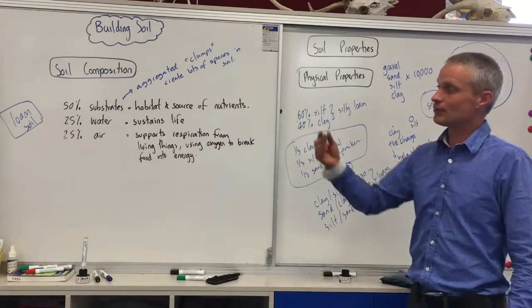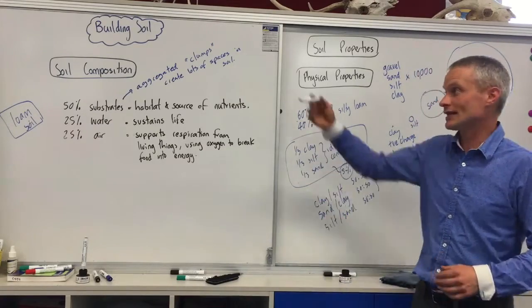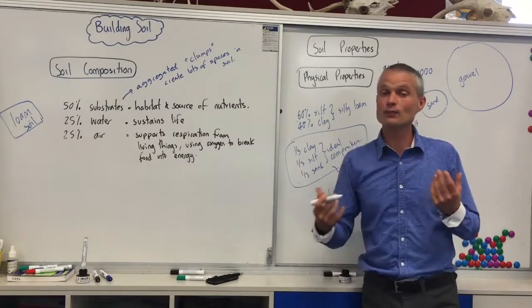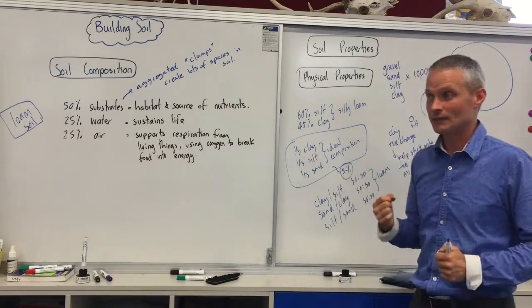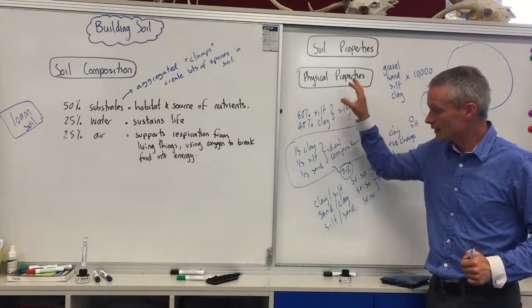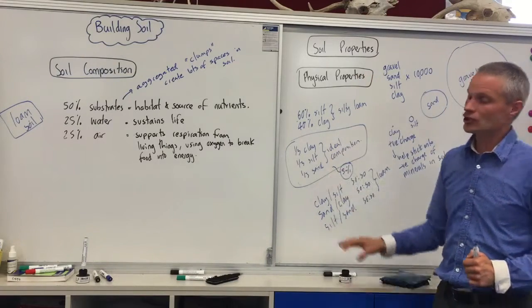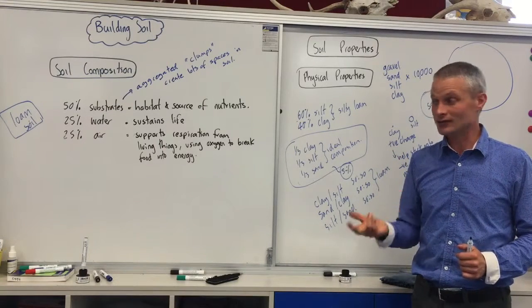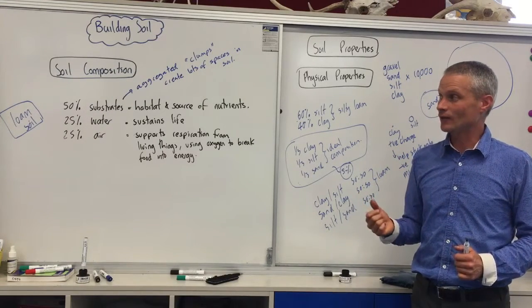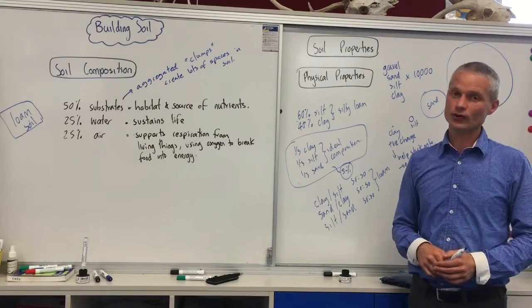And if you can get the biology going in that soil to create these aggregates and open it up, they can all produce really good agricultural soils. So really the take-home message here is understand the composition of your soil, so how much sand, silt and clay you've got in it, and that will help just know what you've got to work with.